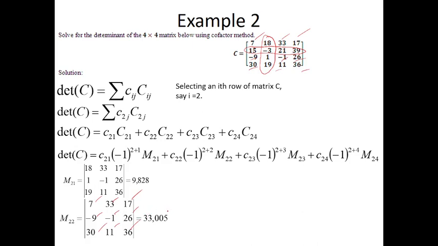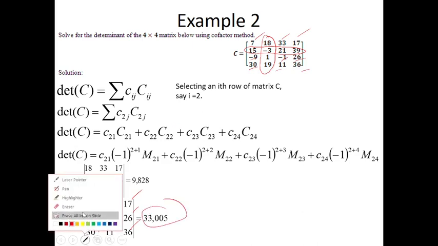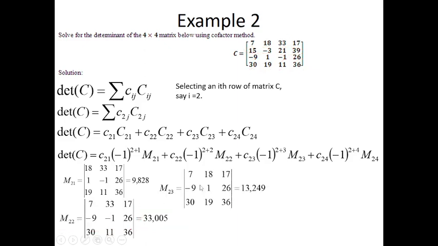And we will arrive at this answer. Then for the third one, we have 13,249, second row, third column: 7, 18, 17, negative 9, 1, 26, 30, 19, 36.